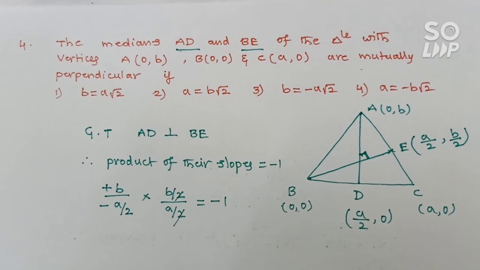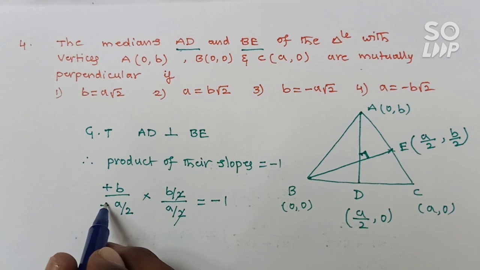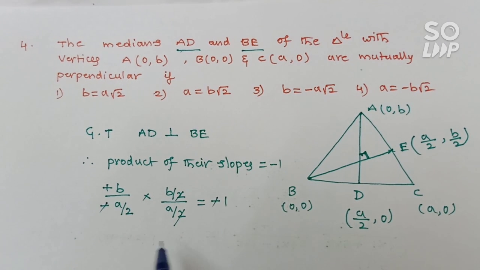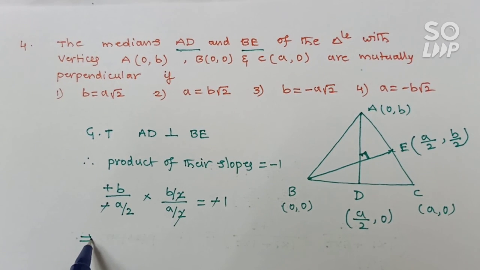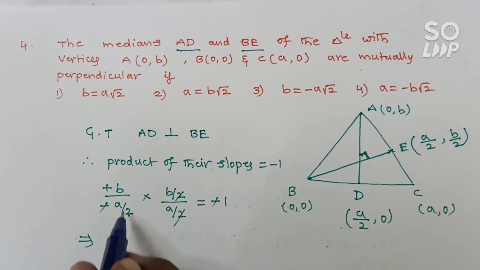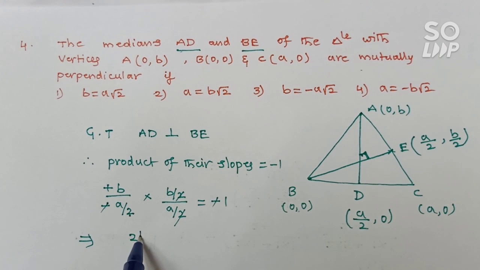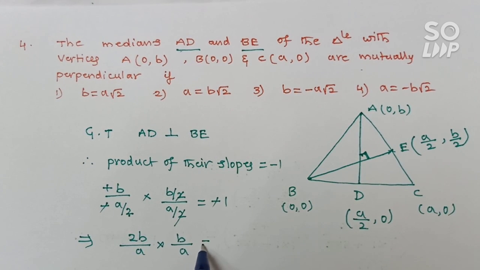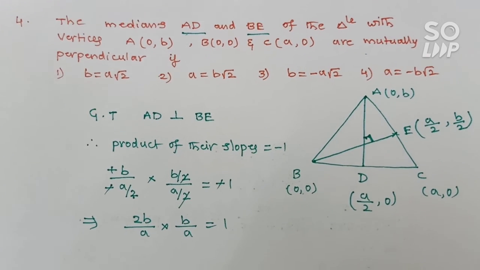Here the 2 and 2 will cancel, and this minus and this minus will cancel. Now simplify this value. This 2 goes to the numerator: 2b by a into b by a is equal to 1.